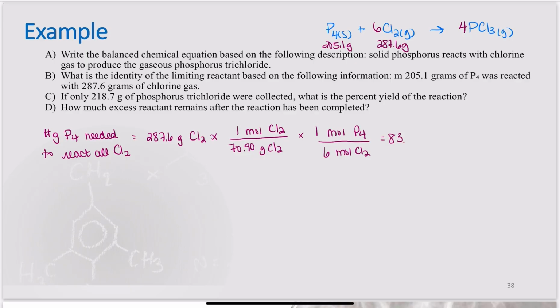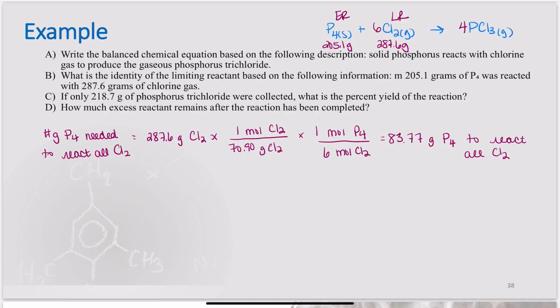So I see I need 83.77 grams of P4 to react all of my Cl2. So that means that Cl2 is my limiting reactant.